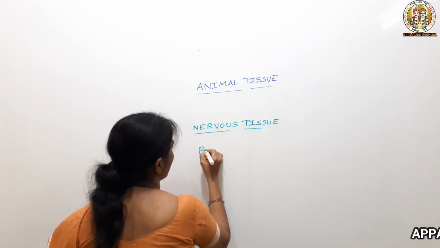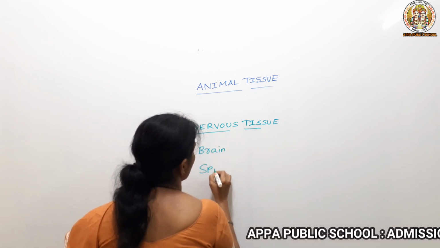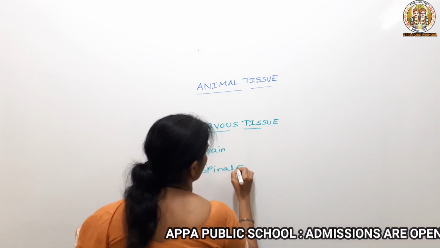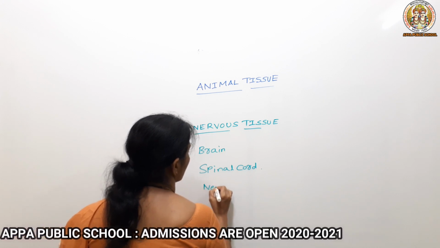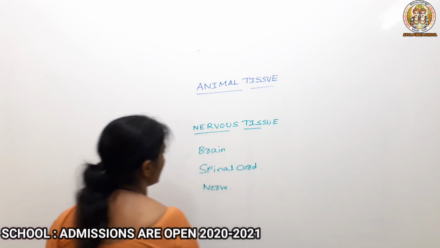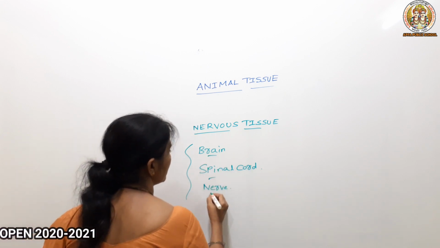It consists of mainly three organs: the brain, spinal cord and nerve.